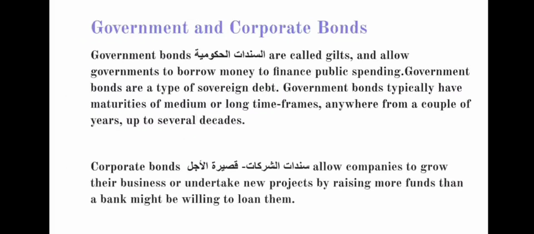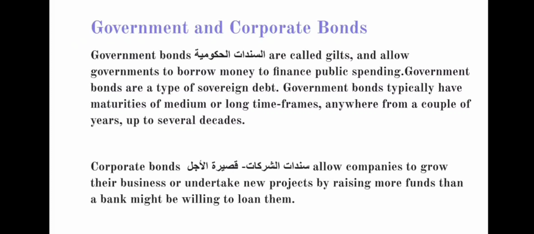Next are the government and corporate bonds. Government bonds are called gilts and allow governments to borrow money to finance public spending. Government bonds are a type of sovereign debt.